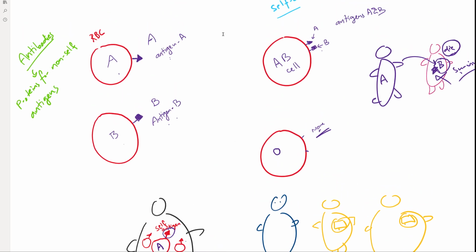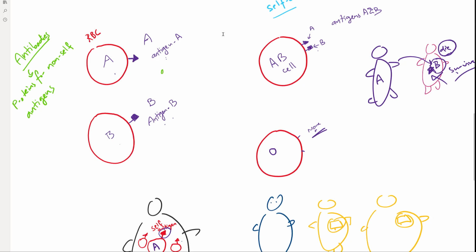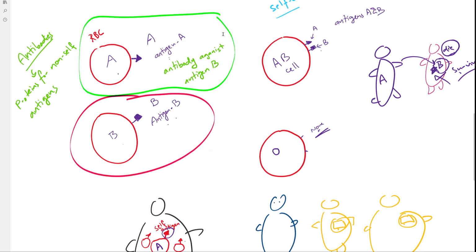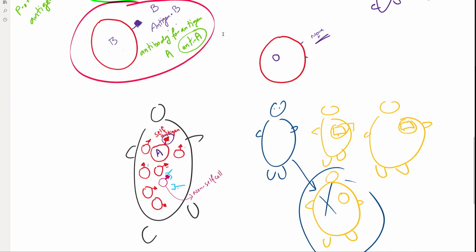If a person has antigen A, their body should have an antibody that is against antigen B. For this other person, they should have an antibody for antigen A. Therefore, in this case, we'll call it anti-A antibody, and this one we'll call anti-B antibody. So always the antibody is the opposite of the antigen inside the human being.